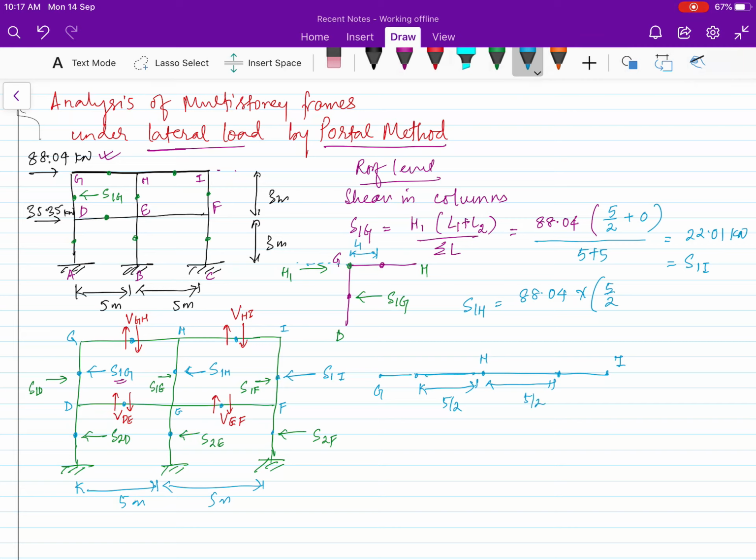Two members are joining, but in the case of G there was only one member, only in this direction, and here there was no member. So 5/2 plus 5/2 divided by the total length, again 5 plus 5. So here we got 44.02 kilonewton.